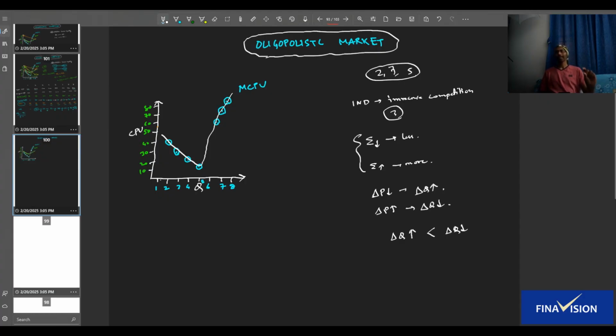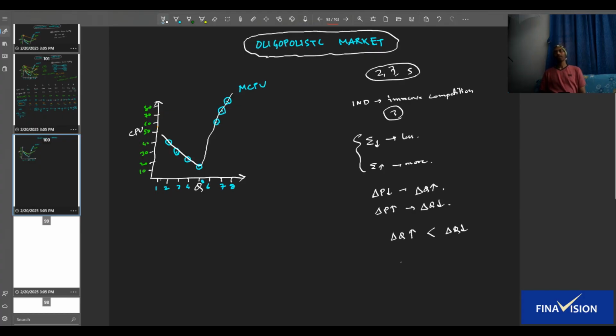Same price, let's say 5% price change has happened. If it happens upwards, there is a lot more decrease in demand than the increase in demand, which happens due to a decrease in 5% price, right? So now let's do one thing.